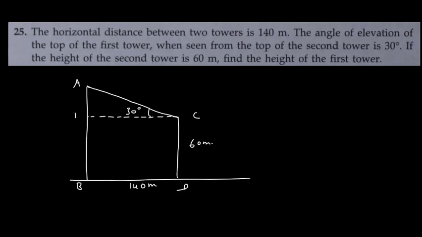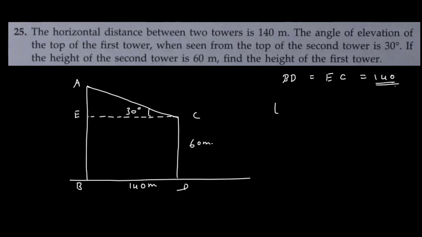So A, B, C, D, let us write this point as E. Now easily you can figure out that your BD is equal to EC and therefore it is equal to 140.